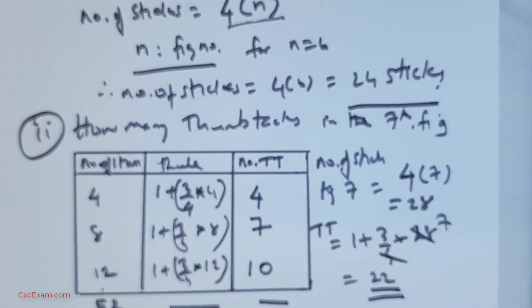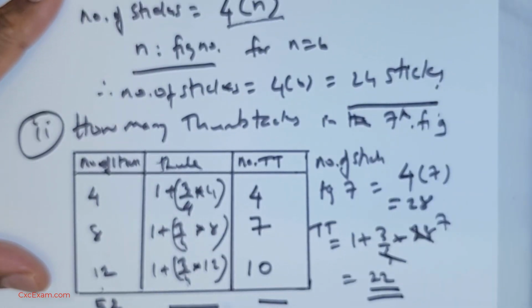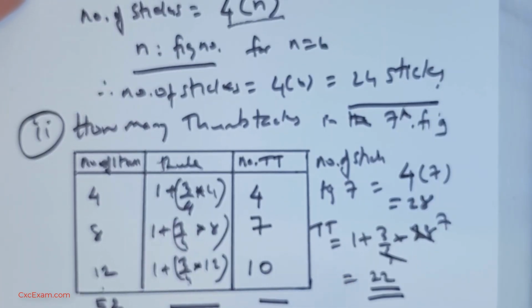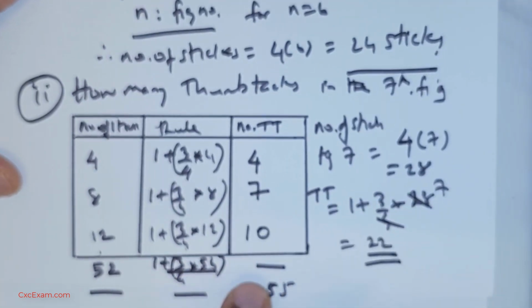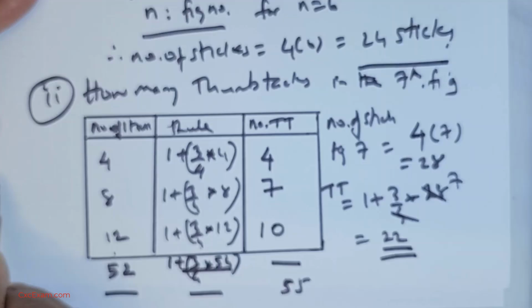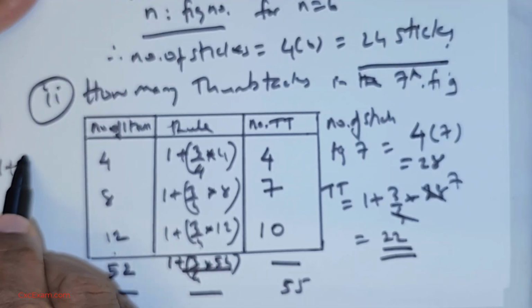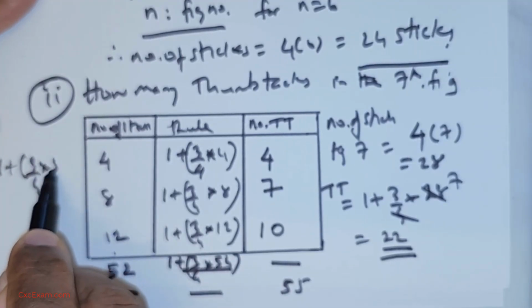Okay, so now let us fill out the values. So what would be the value that is coming over here? I would write this as 1 plus 3 over 4 multiplied with 54. Okay, that's a value that will go there. So what would that be? So I'm going to show the calculation. 1 plus 3 over 4 times 54.